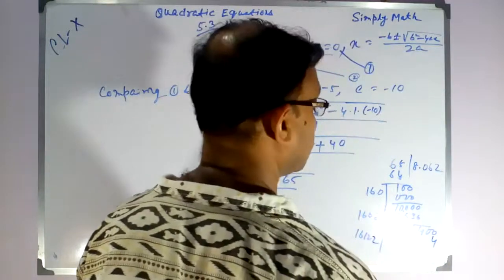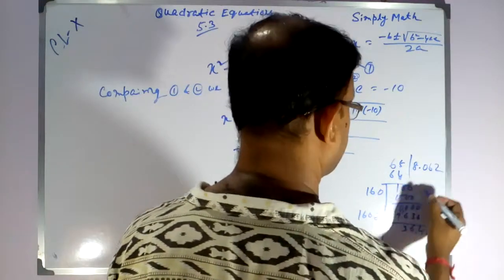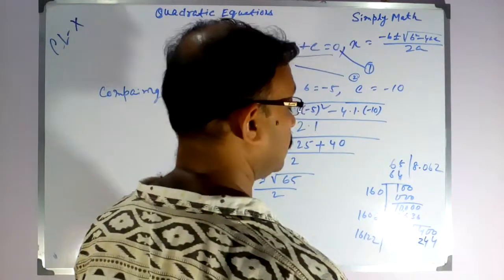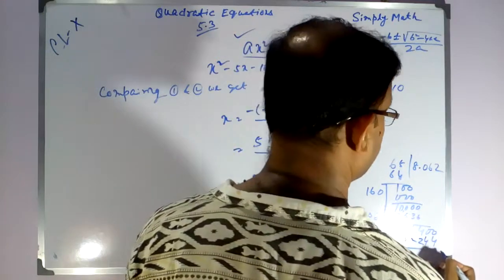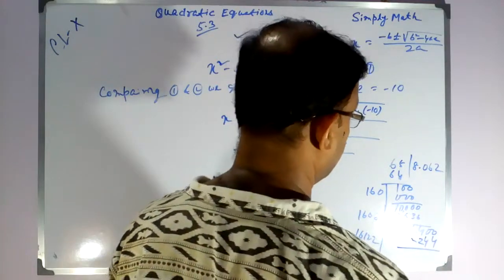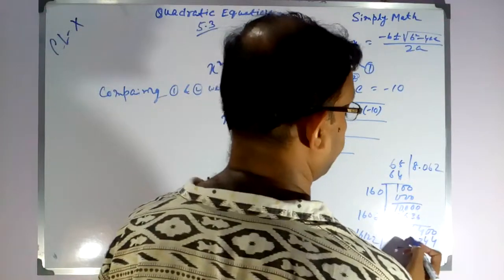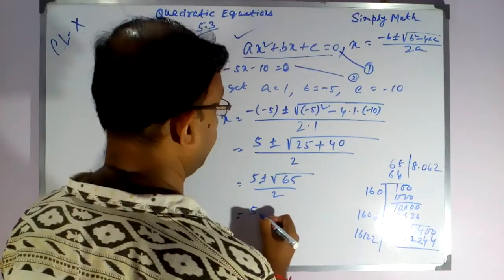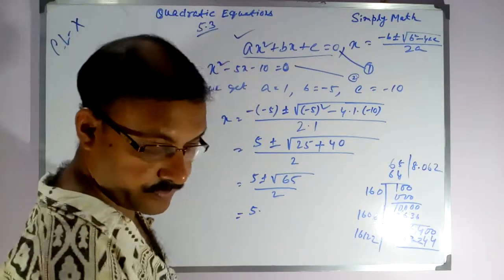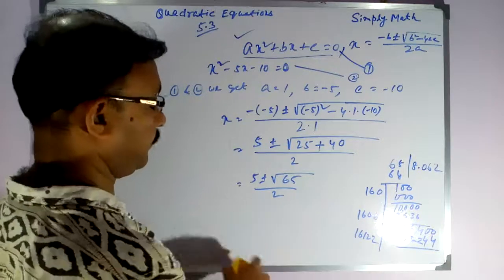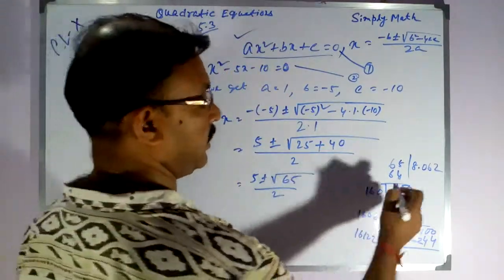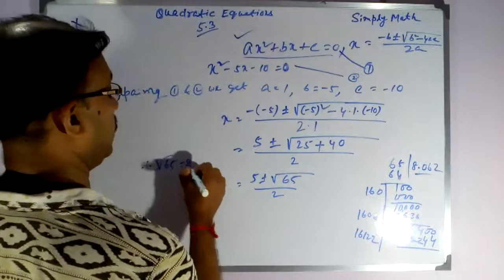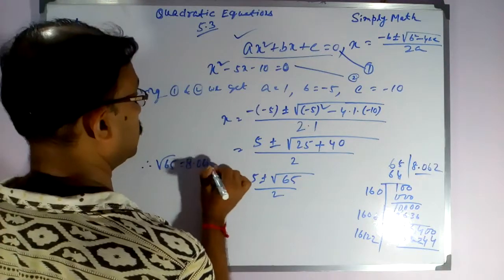That gives 8 point 0 6 2. Therefore, root 65 is approximately equal to 8.062.